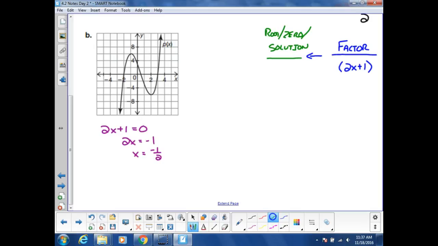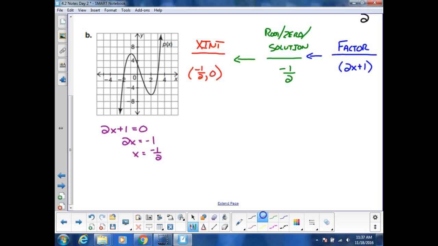Negative 1/2. If negative 1/2 is the root, what is the x-intercept? Negative 1/2, comma 0.